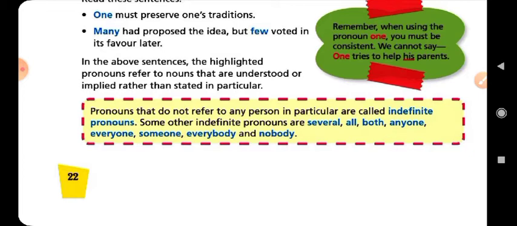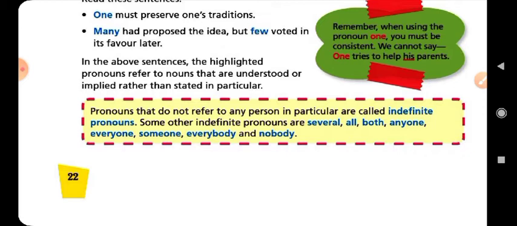So you have to learn that something is different between the indefinite pronoun and the demonstrative pronoun. Like one is used both as a demonstrative pronoun as well as an indefinite pronoun.